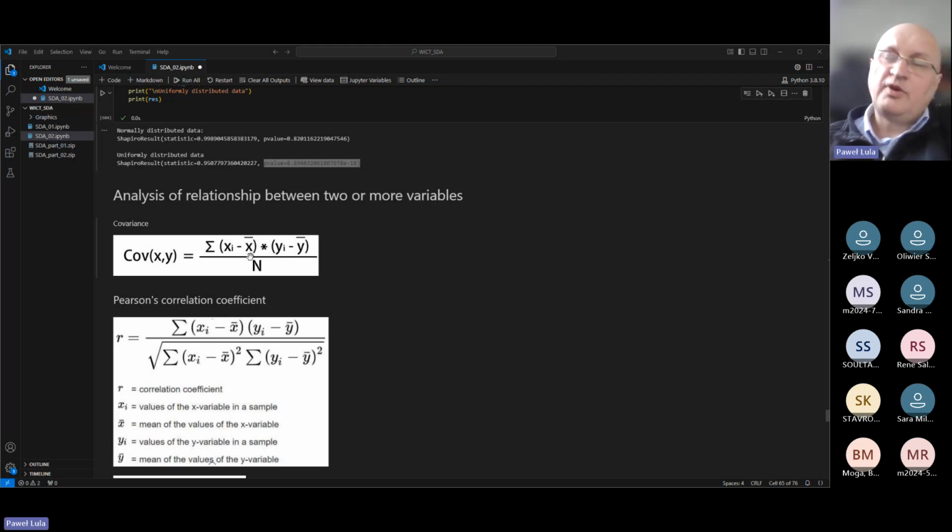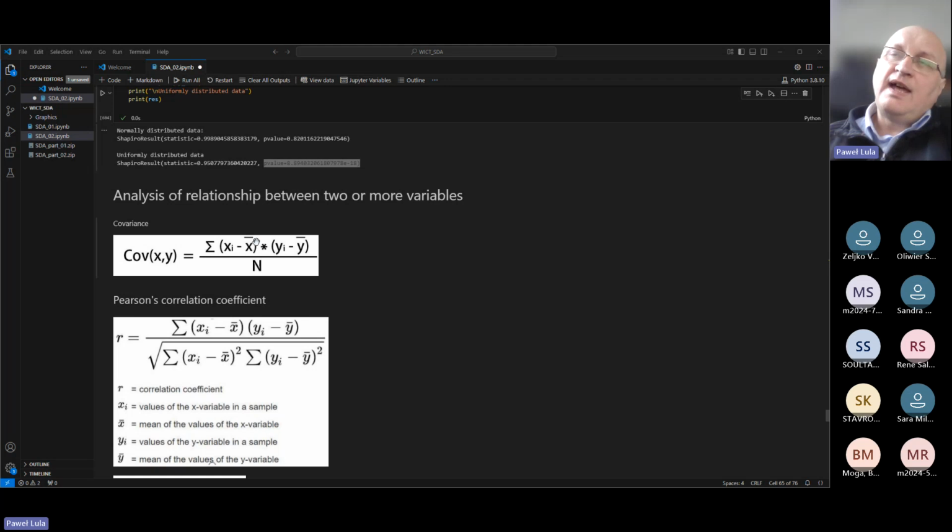Then it is, of course, positive. If this expression is negative, it means that the value of y variable for a given object is smaller than the average value.